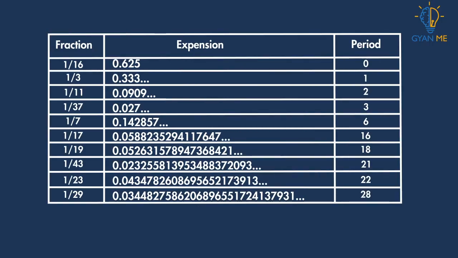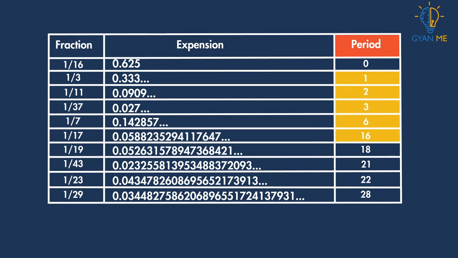Now look on your screen. The given table shows the decimal expansions of different numbers. And as you can clearly observe that period of decimal in each case is different. It can be 1, 2, 3, 6, 16.